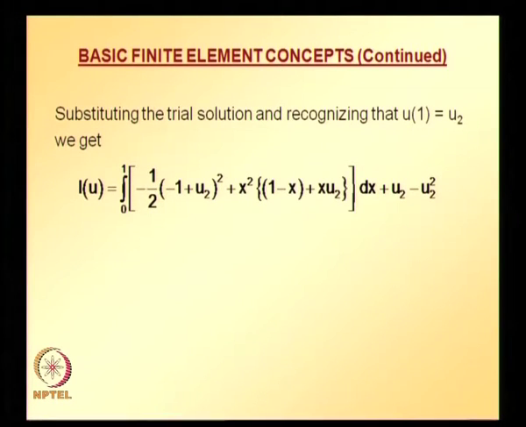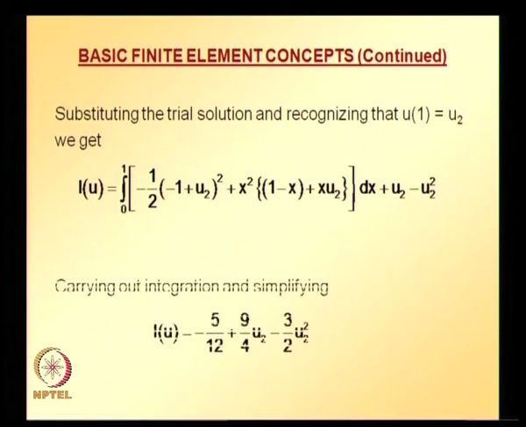Substituting the trial solution and recognizing that u evaluated at x equal to 1 is nothing but u2, the equivalent functional becomes this one. Here I is a function of u, and u in turn is a function of u2. So I becomes a function of only u2, and if you simplify this equation by integrating, it is going to be a function of u2 alone.